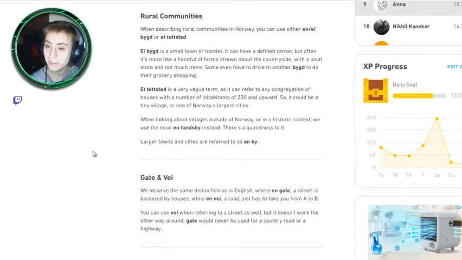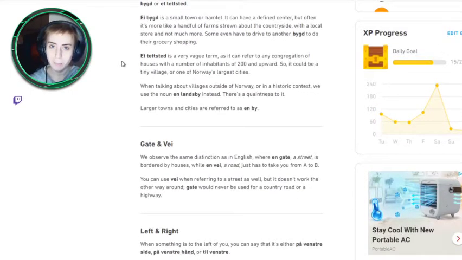Rural communities, you can either use en bygd or en tettsted. En bygd, a small town, and tettsted, it can be a village or a city. And landsby is like a village outside of Norway or a village in a historical context. And larger towns or cities are just by.